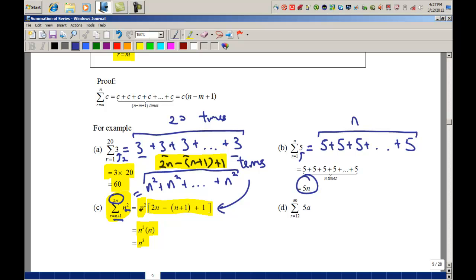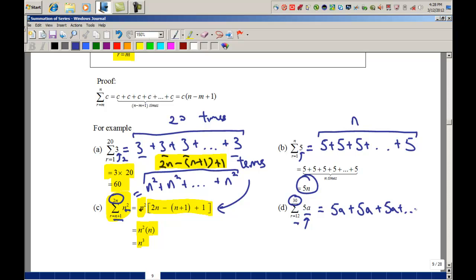Okay, let me help you start if you have problems. Now remember, I will tell myself 5a is a constant. There's no r there. So my lower limit is 12, my upper limit is 30. I'll take 12 and I'll sub it inside here. I get 5a. I take 13, I sub it inside the same thing. I get 5a. 14, also 5a.